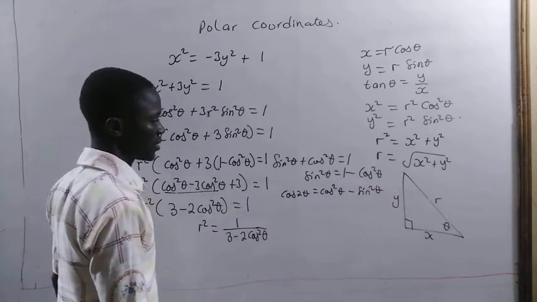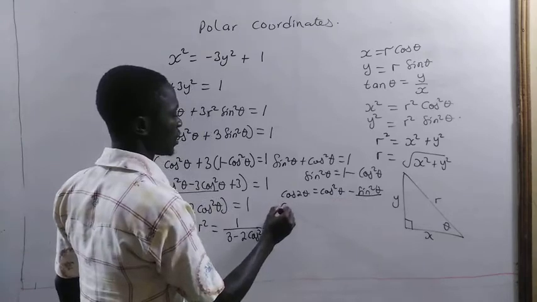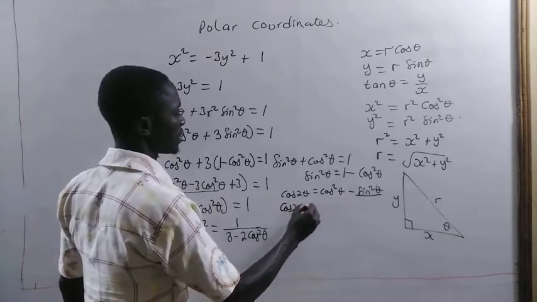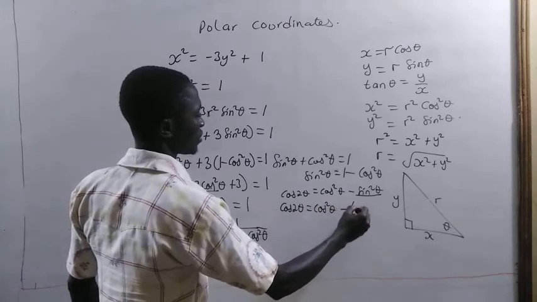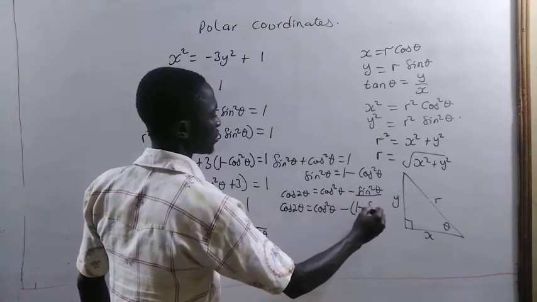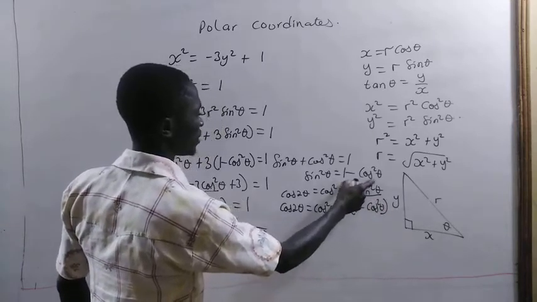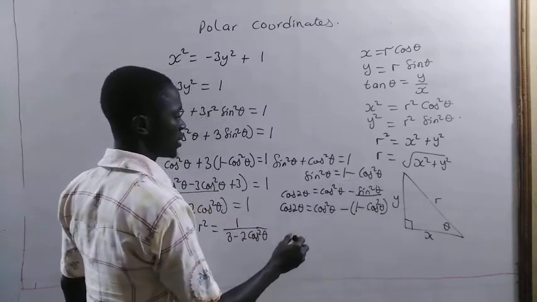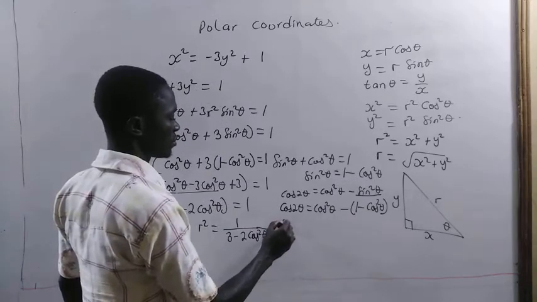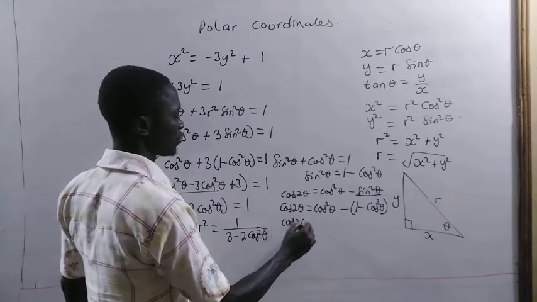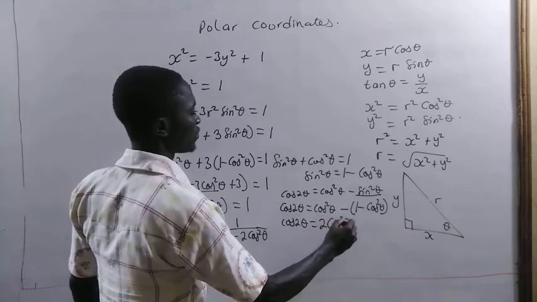If we substitute this one, we're going to have cosine of 2 theta equal to cosine squared of theta minus 1 minus cosine squared of theta. We've done the substitution already. Here, minus minus will give us positive. So we are going to have cosine of 2 theta equal to 2 times cosine squared of theta minus 1.